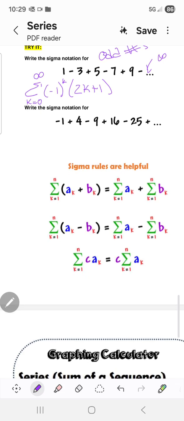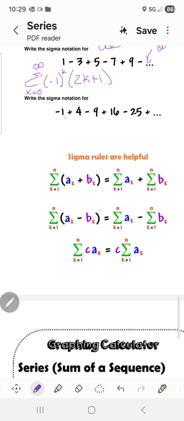Let's take a look at this one. Write the sigma notation for number 4. Again, we have negative, positive, negative, positive, negative, positive. So, alternating signs. Automatically, I know I'm going to have a negative 1 to the k power. I don't know where I'm starting, but I at least know that.